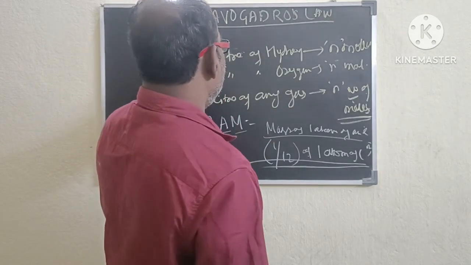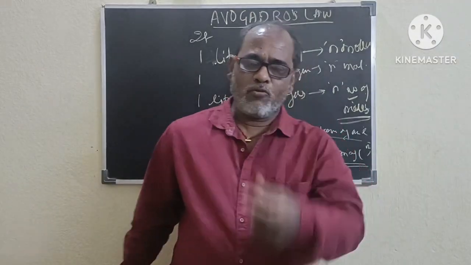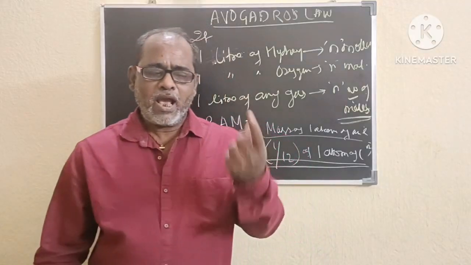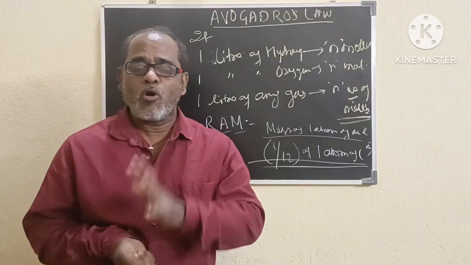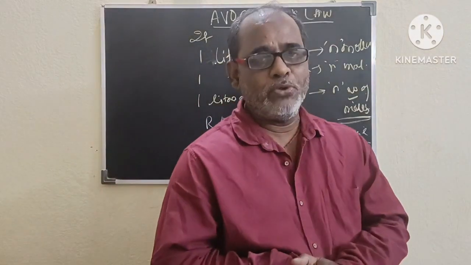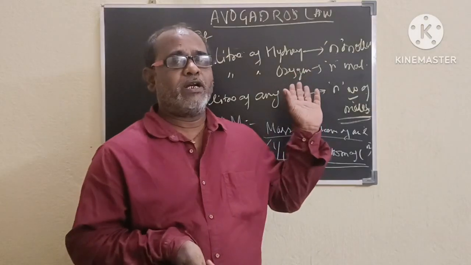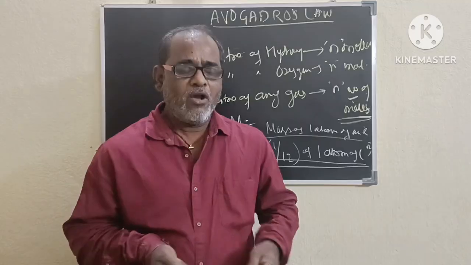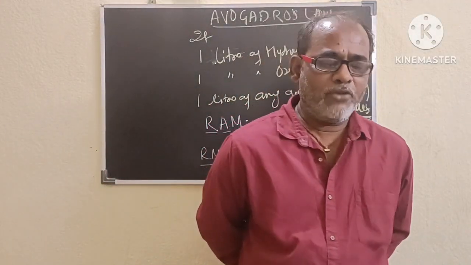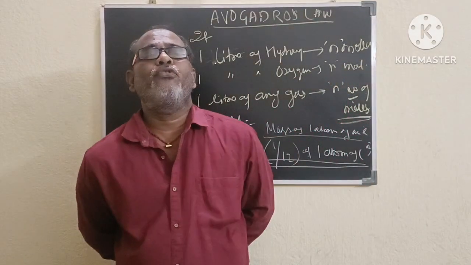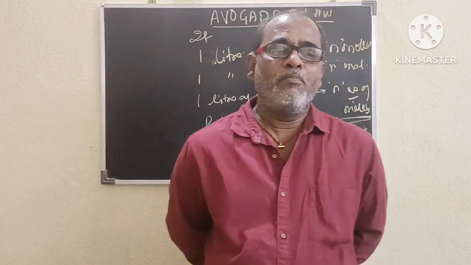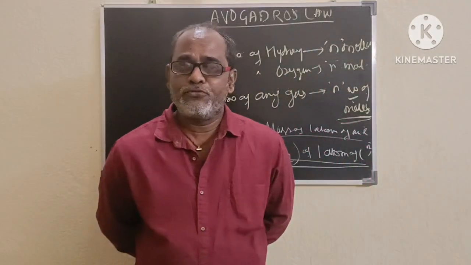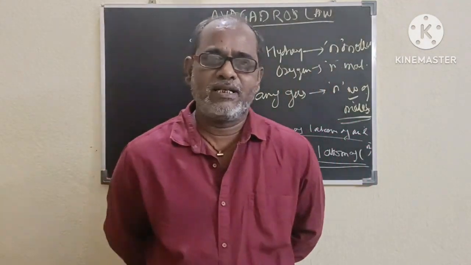So now I am going to write the definition of Avogadro's law. You must know one more thing: what is Avogadro's number? Also, you must know the mole concept. Mole is a basic unit of a substance. Also, we know that 1 mole of an atom consists of 6.023 into 10 to the power of 23 atoms of that element.